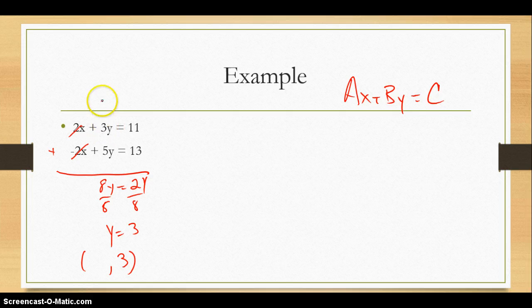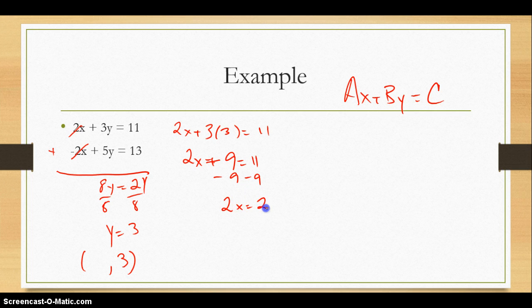We have y, which is 3, so I'll plug it into the first one. 2x plus 3 times 3 equals 11. You get 2x plus 9 equals 11. Subtract 9, 2x equals 2. Divide by 2, x equals 1.